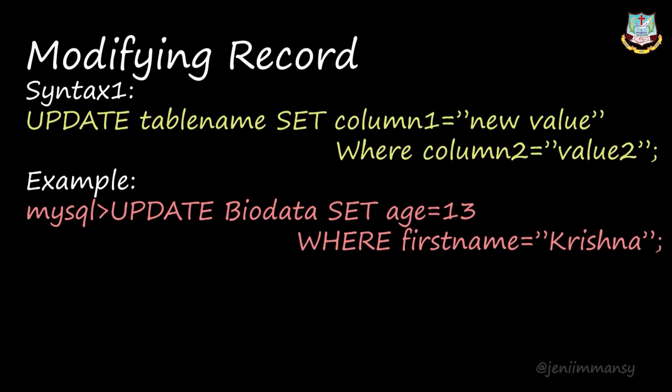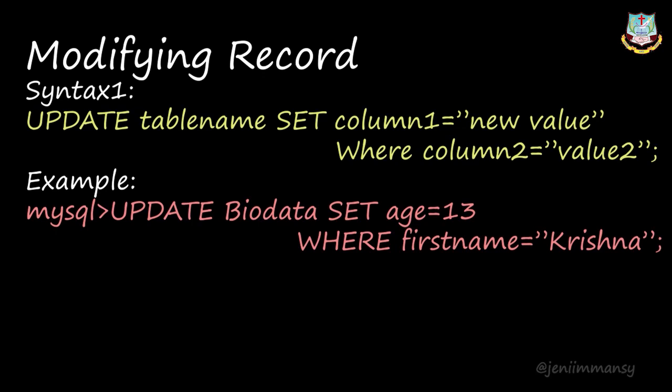You have to set the age of Krishna as 13, means first you have to give column 1 and the new value, where, and then in the same line the first name, where column 2's value, and then the value of column 2. Understood?